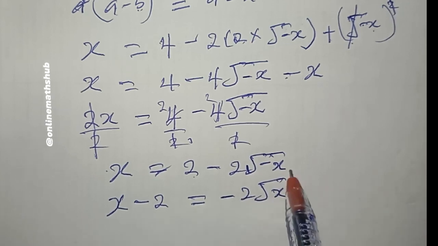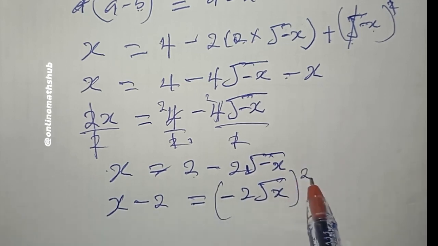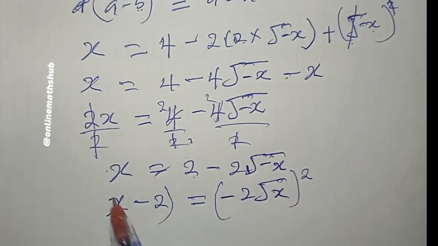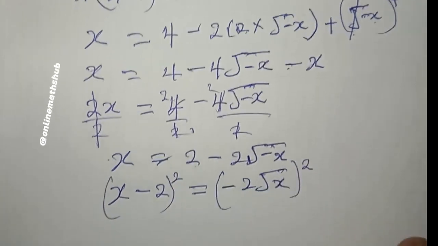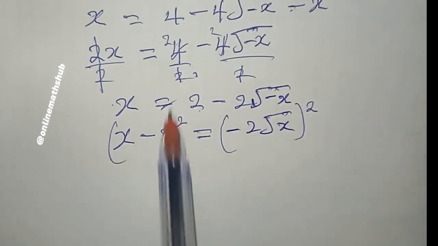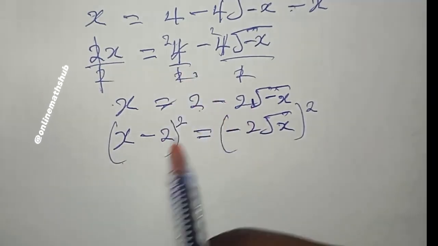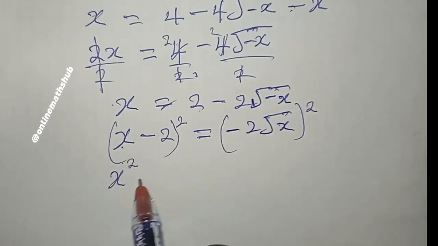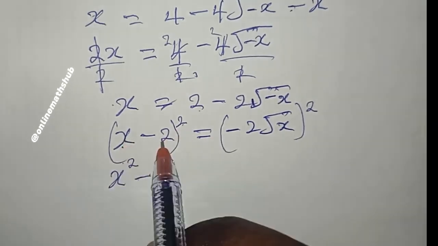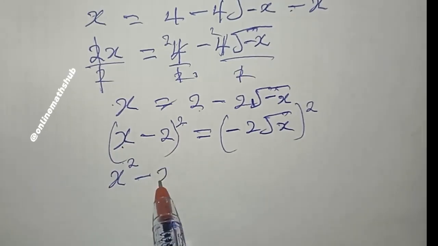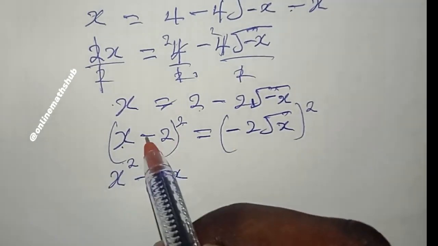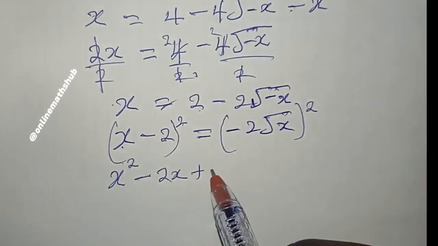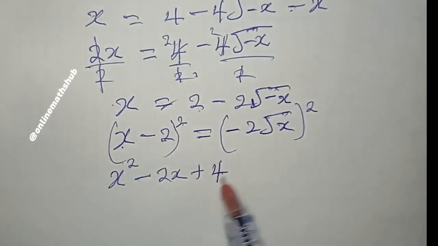So that I can go ahead to take the square of both sides, so that I can remove this square root right here. And if I expand this using the expansion we used earlier on, we're going to be having that this is x squared, and then minus 2 times x times minus 2, which is minus 2x, and then plus 2 times 2, which is 4.